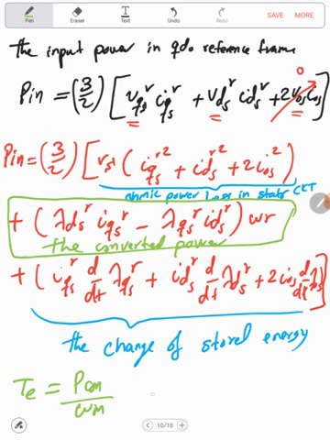This will equal P over 2 times P converted over omega r.